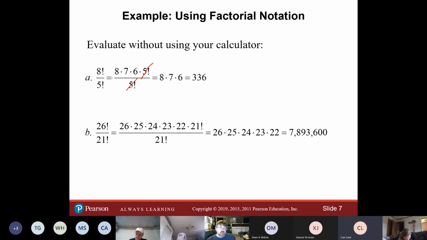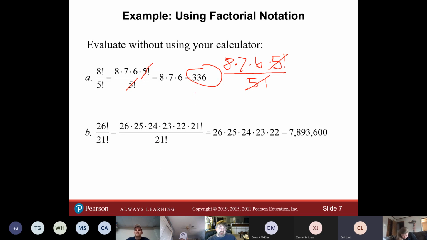If it's not, something's gone horribly wrong. What you do is start with the numerator and just start writing it out. You stop when you get to the denominator's value. So here we have 8 times 7 times 6. My denominator is 5 factorial. I stop there, and then write it over the denominator, cancel, and multiply.